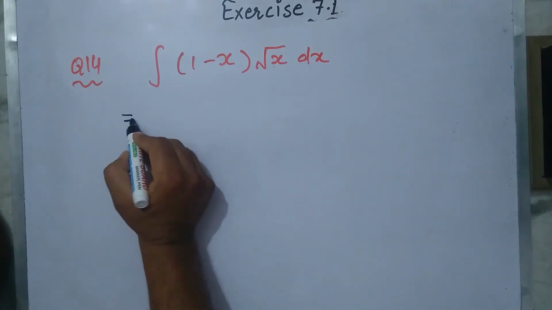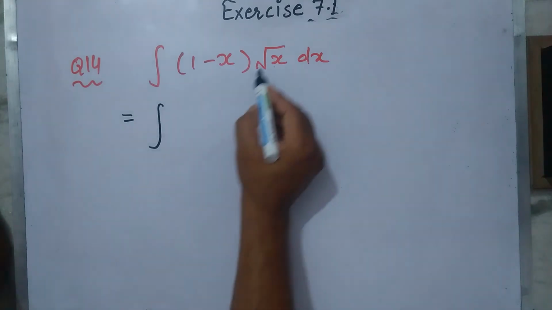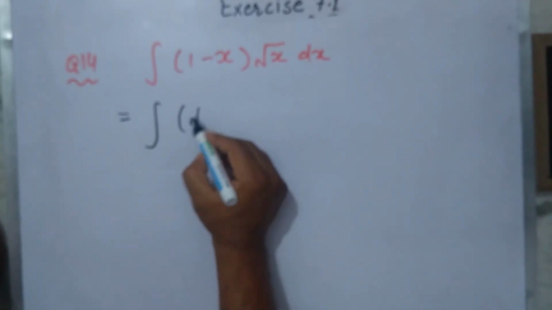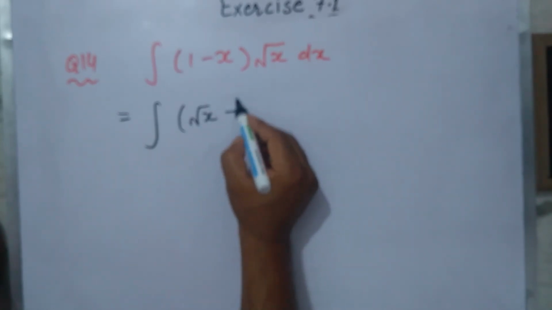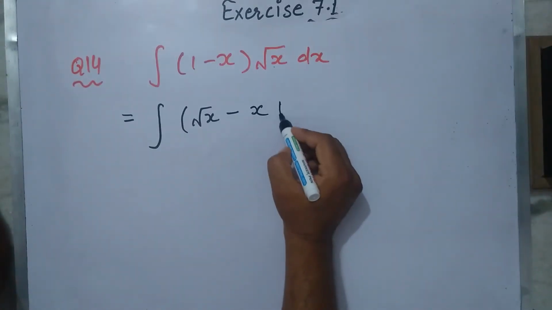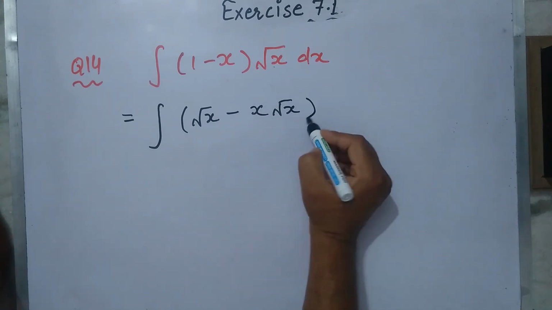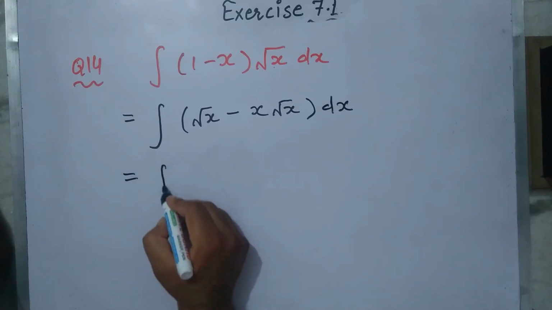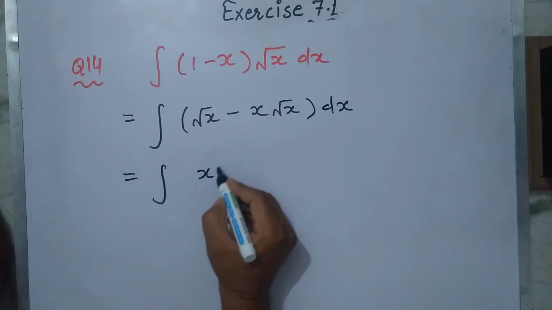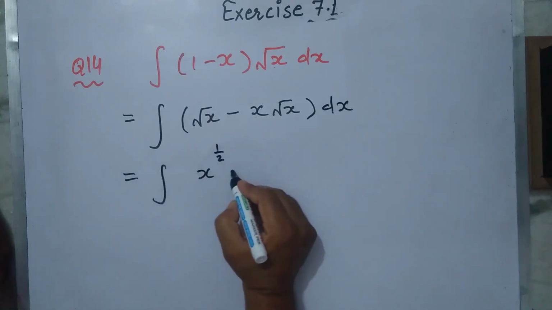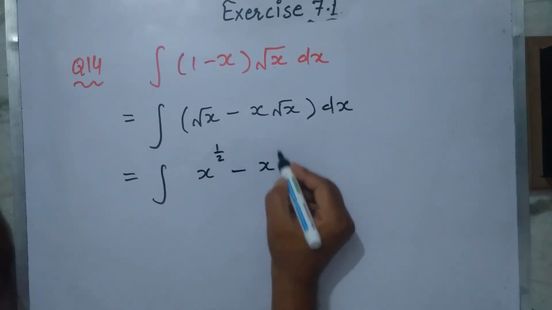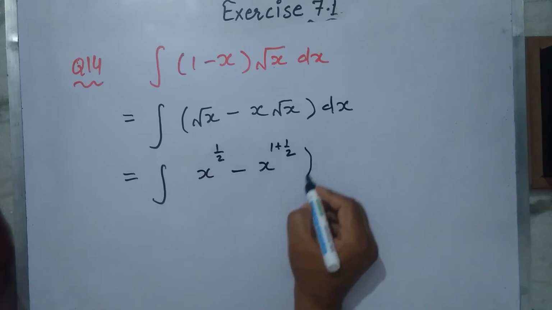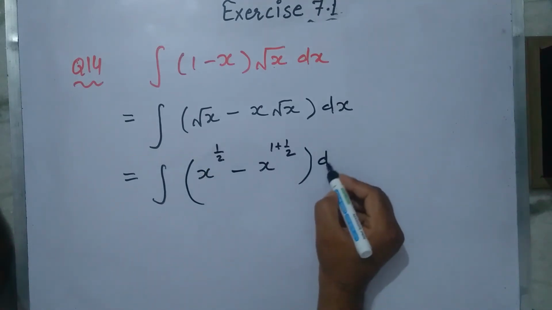So we can write this as integration of square root of x multiplied with 1, this is square root of x, minus x into square root of x, into dx. So this is equal to integration of x raised to power 1 upon 2 minus x raised to power 1 plus 1 by 2 dx.